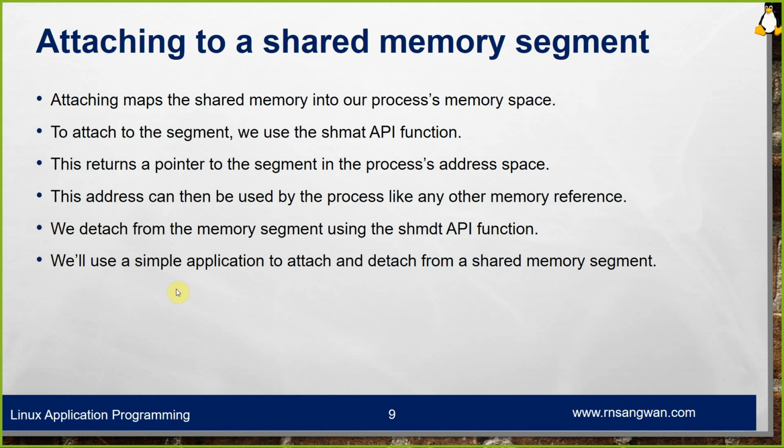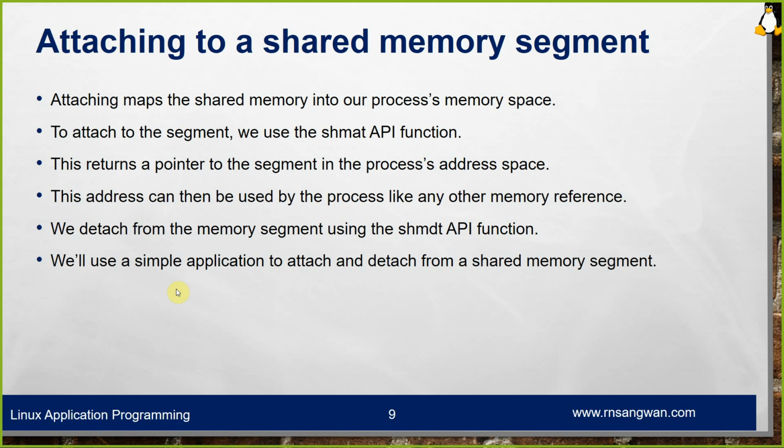Attaching to a shared memory segment. Attaching maps the shared memory into our process's memory space. To attach to the segment, we use the shmat API function, shared memory attach.